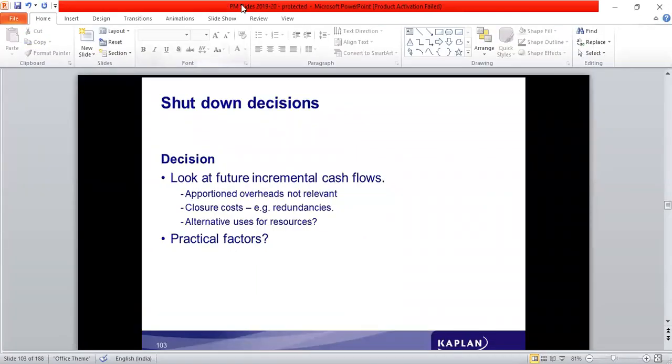The next decision is shutdown. For shutdown, we will take a decision about shutting down the particular unit.